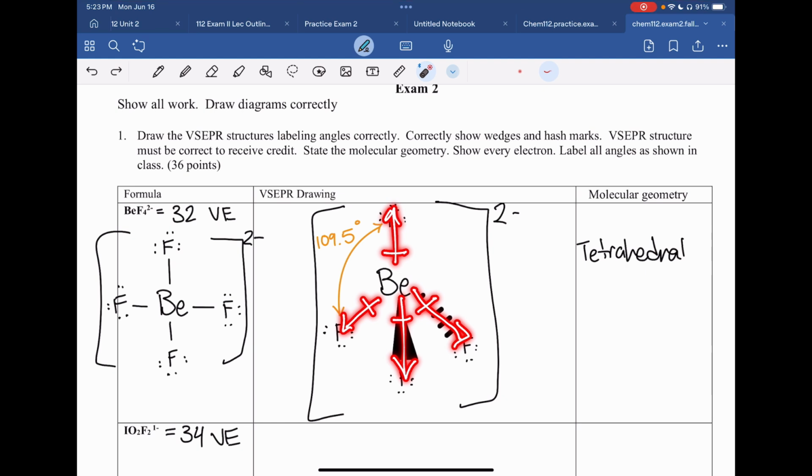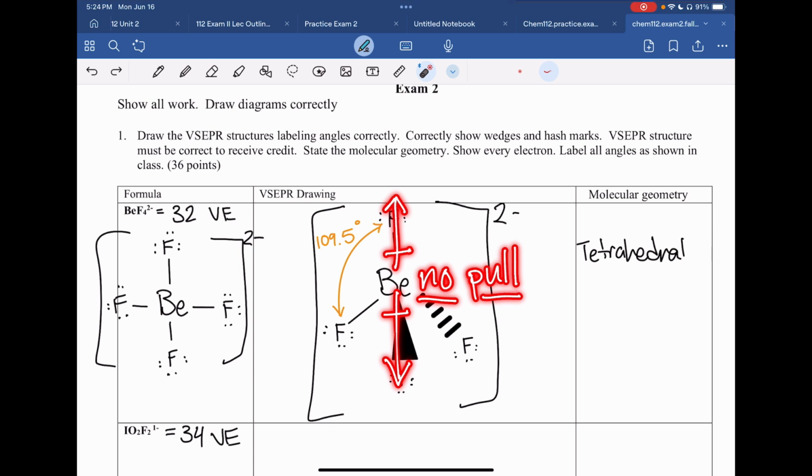Now, these three arrows are all pointing in the same direction, so you would show the vector of all these three. That vector is simply pointing down. And then you still have this other vector. If both of these arrows are equally pulling in opposite directions, there's actually no pull, meaning it is non-polar.